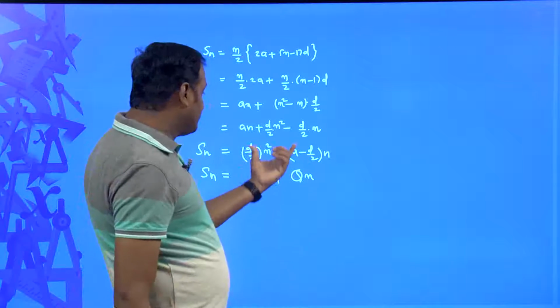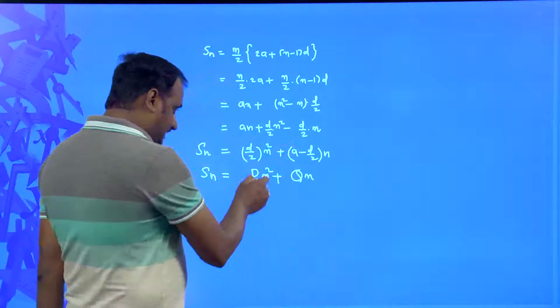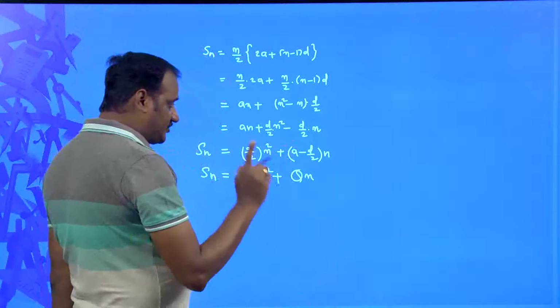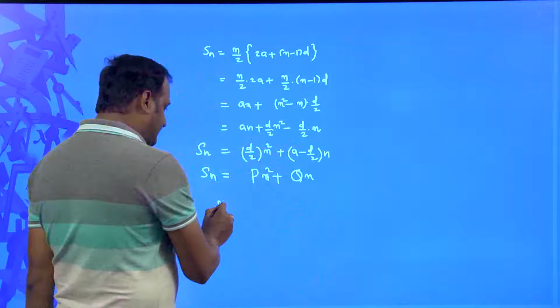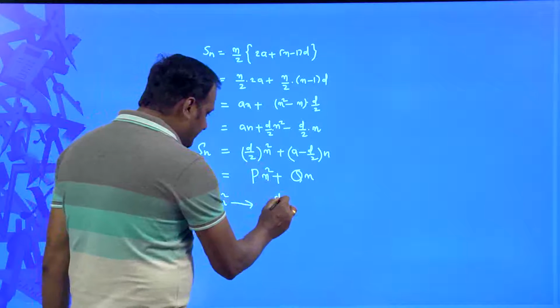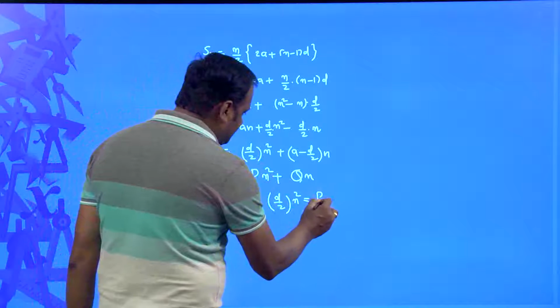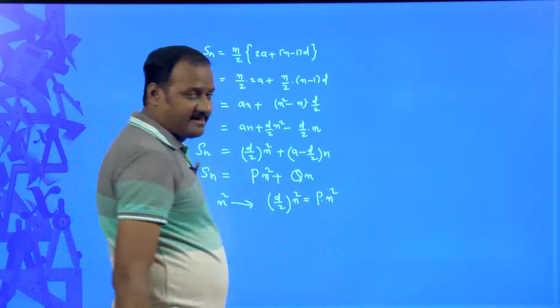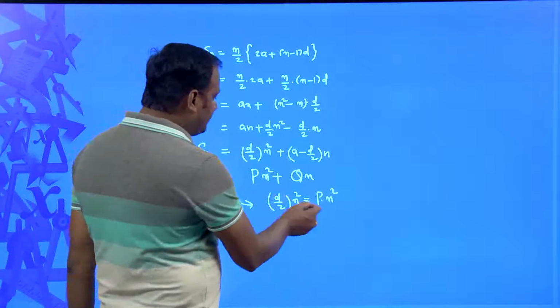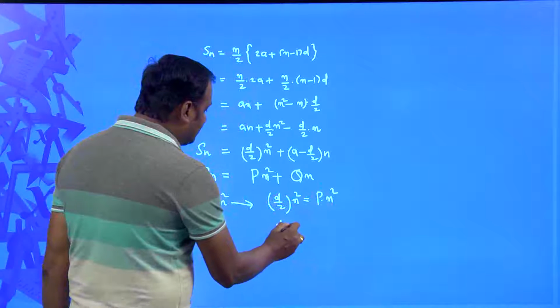Now, let us compare both of them. What are those somethings? When you compare them, first compare the n square terms. Here the n square term is d by 2 times n square, and here the n square term is p into n square. So, d by 2 into n square equal to p into n square, which means d by 2 is equal to p.